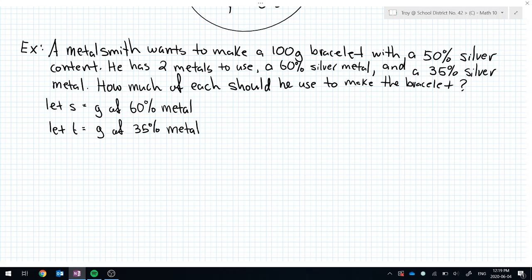So we need to make sure that the variables we pick are the actual thing we're looking for, which in this case, the thing we're looking for is grams of the metal. How many grams of the metal does he need to use?